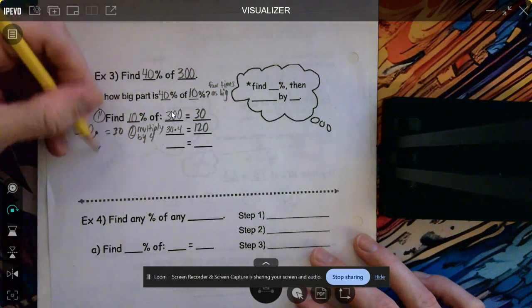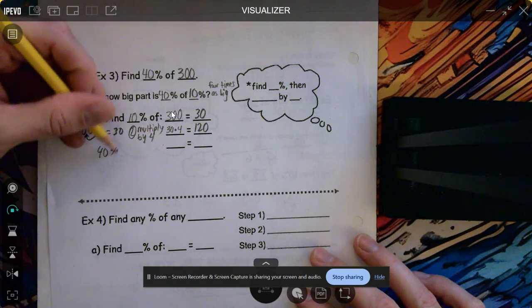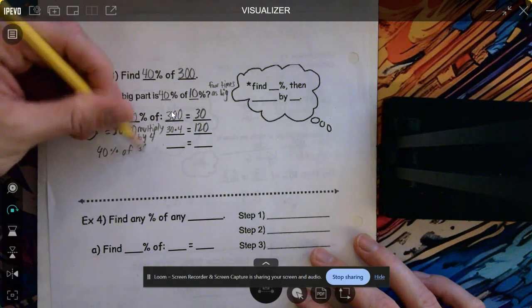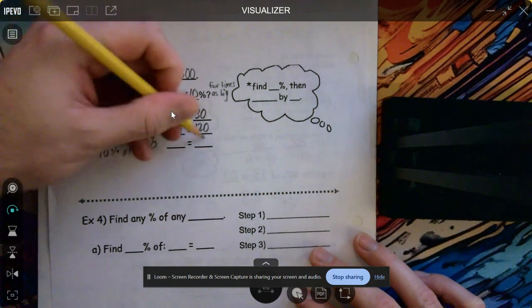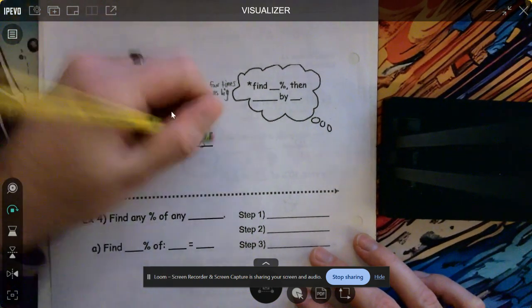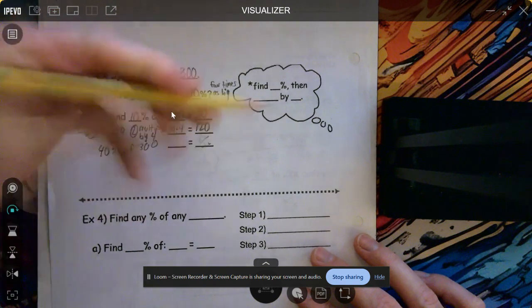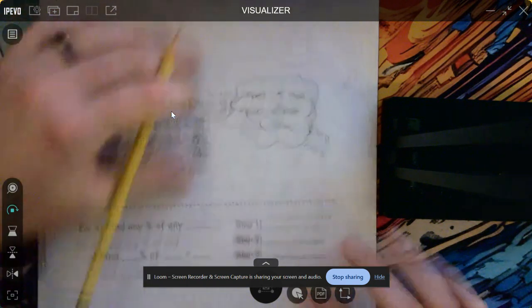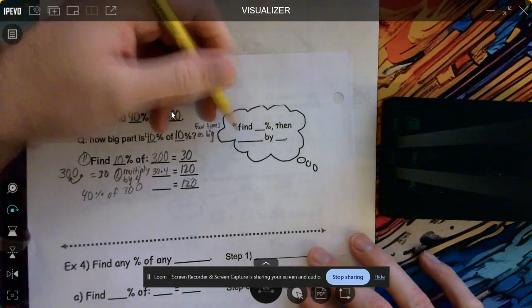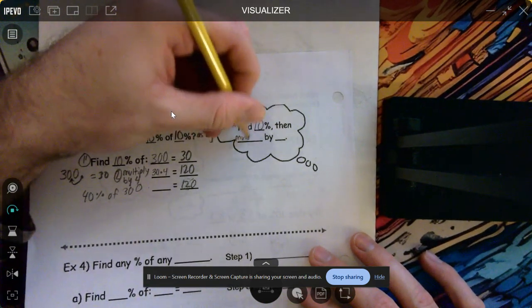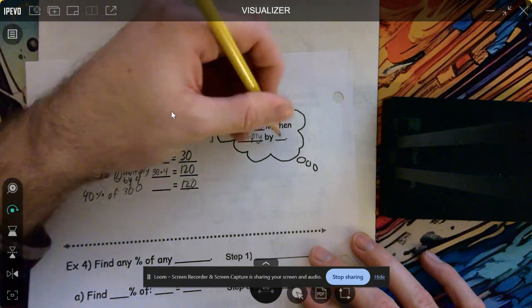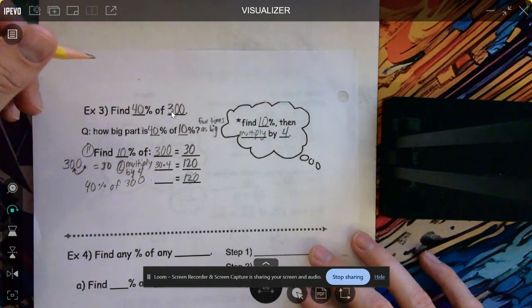That means that 40% of 300 equals 8. Excuse me, not 8. Equals 120. So from this little bubble up here, what do we do? First, we had to find 10%, and then we multiply by 4, since we were finding 40%.